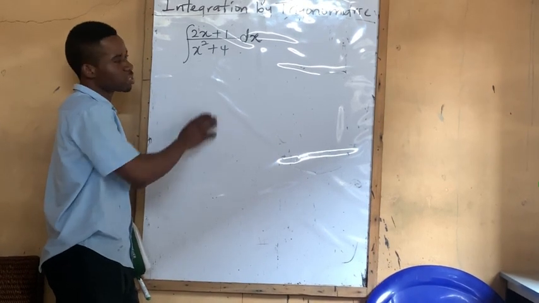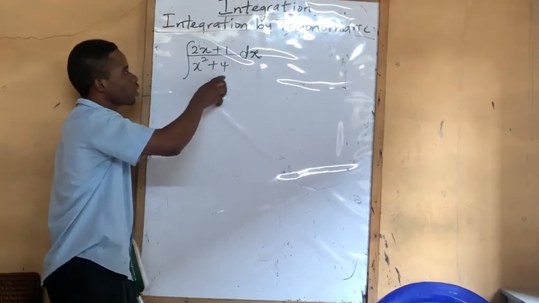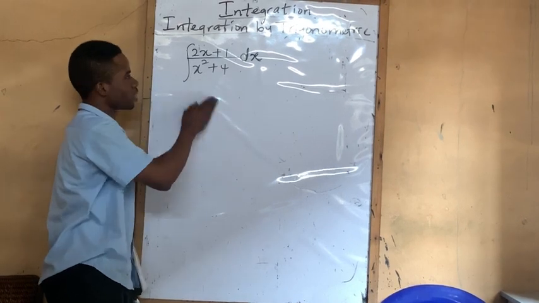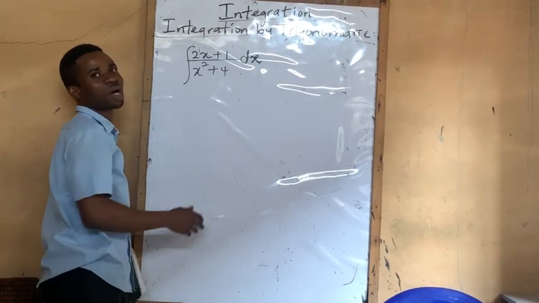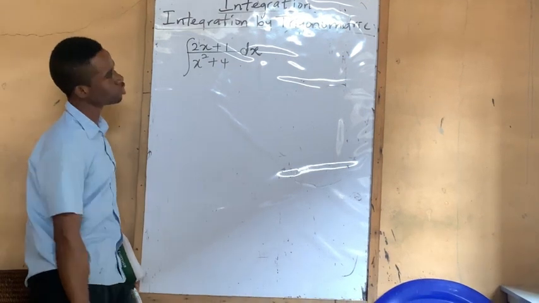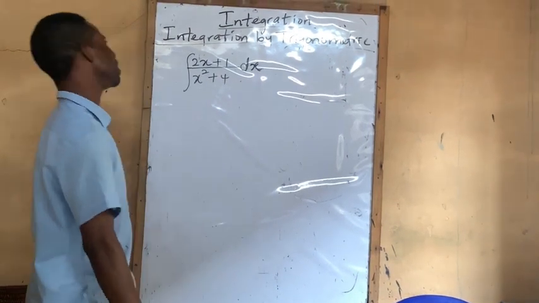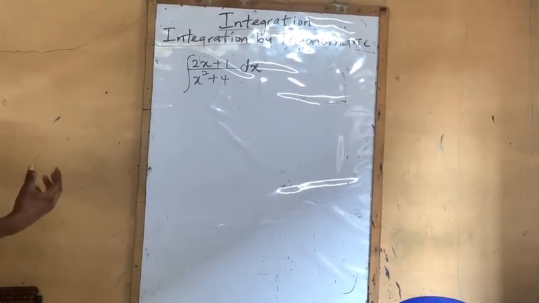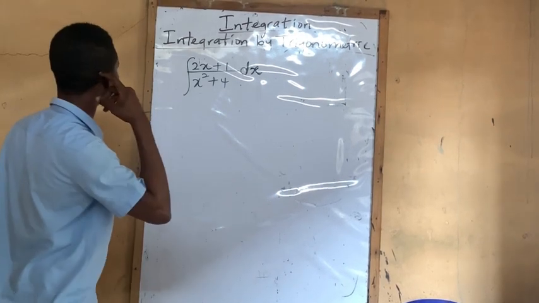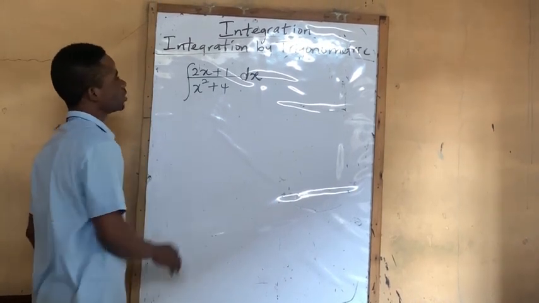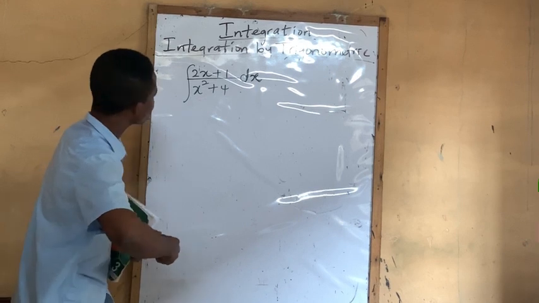If it were minus 4, you can say 2 raised to power 2 and say x plus 2, x minus 2, and you now start applying integration by partial fractions. But in this case, we are still going to use trigonometric substitution. And when you fix with this, how do you do it? You just do like this.